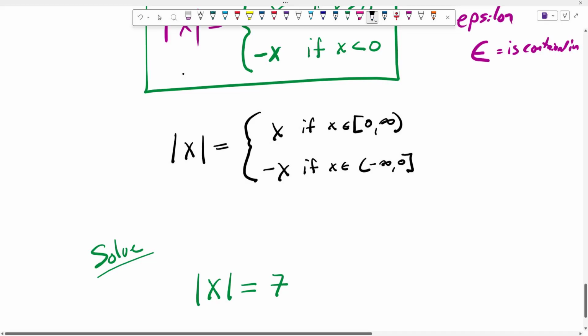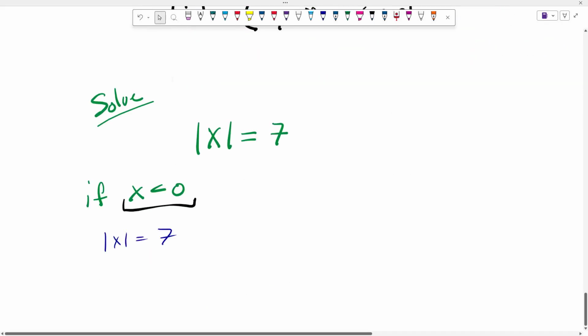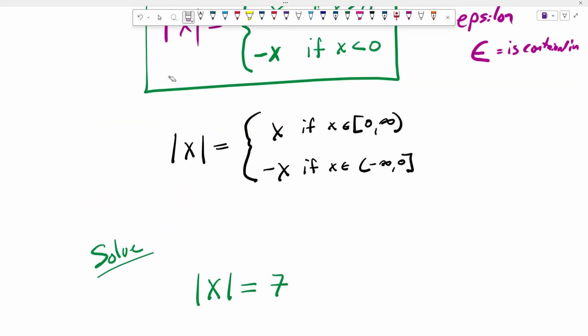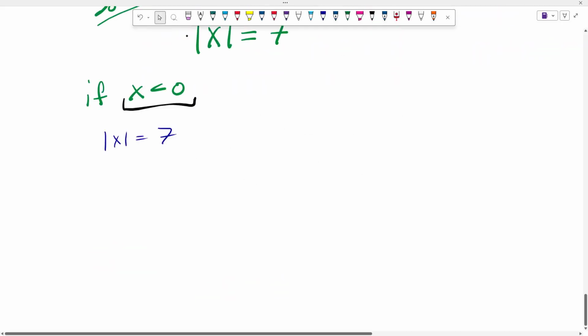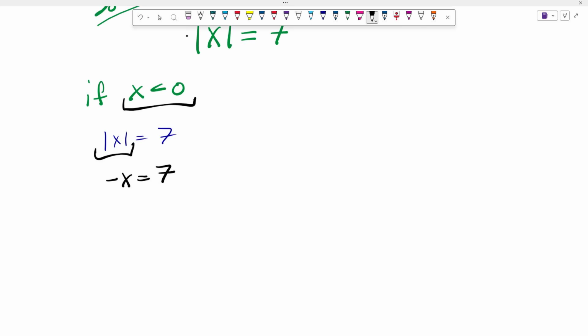So the absolute value of x is equal to this, and I replace it with negative x. Now I no longer have an absolute value equation, just a simple equation. We multiply by -1, and we get x equals -7. One of our solutions is going to be -7.